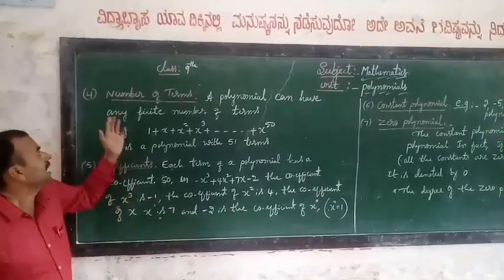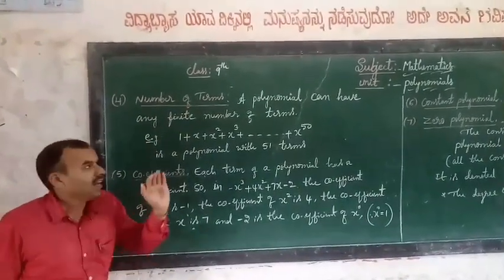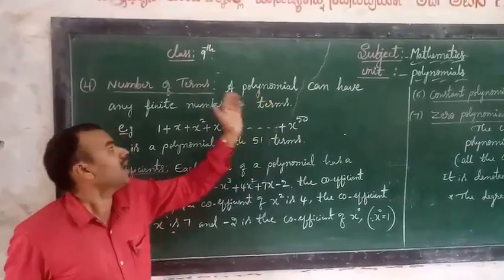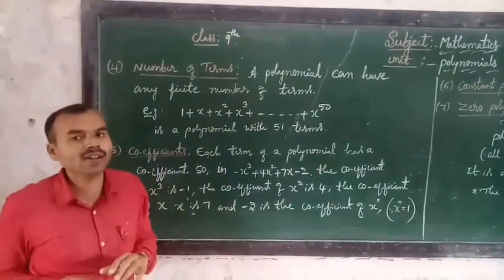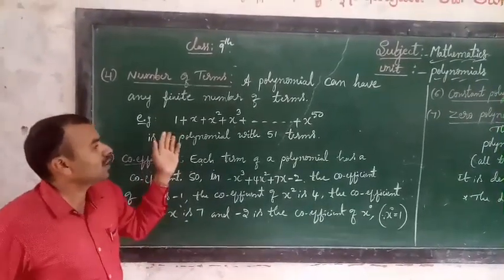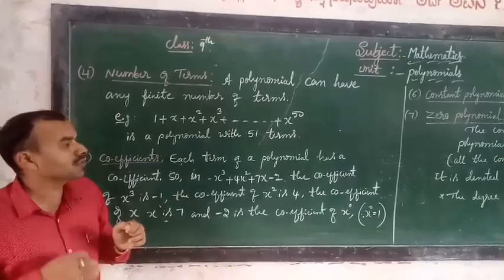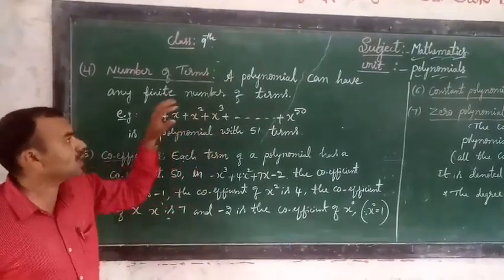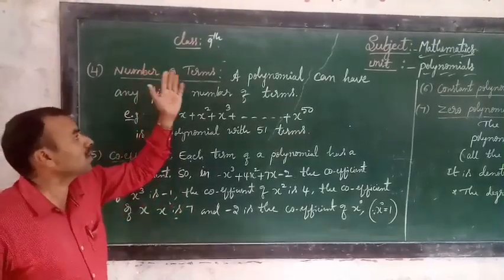Okay, dear students. Next, we take the heading number of terms. A polynomial can have any finite number of terms. In any polynomial, we can count the terms; the total number of terms is called the number of terms.